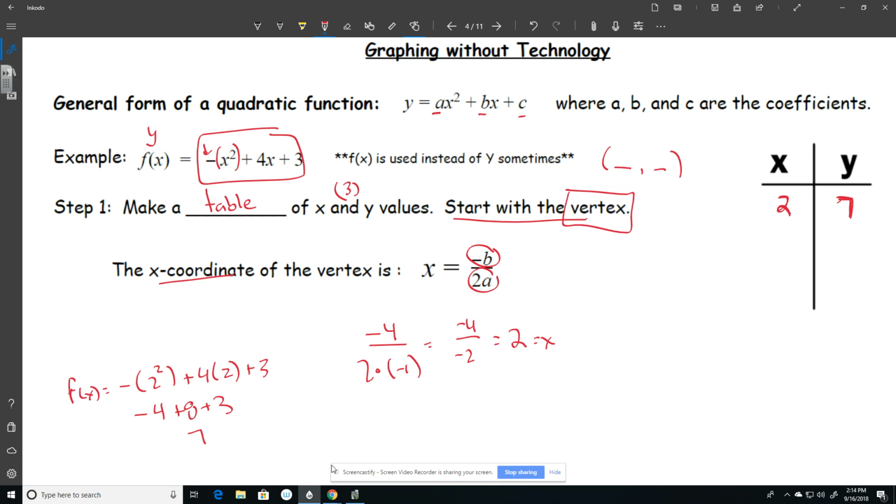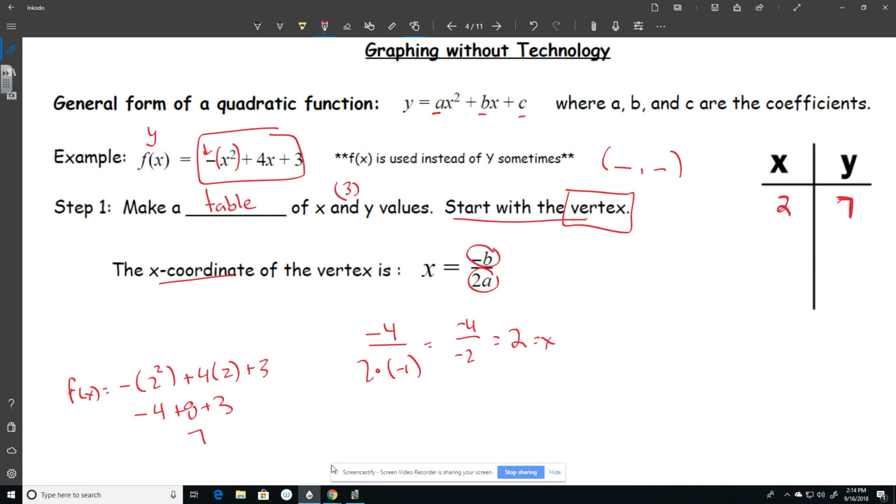All right, next step. We are going to decide what other values I want to use. I want to decide, well, what else can I plug in, to give me a pretty good idea of what my picture is going to look like. The way I would pick my next 2 numbers is I would pick one number above and one number below.